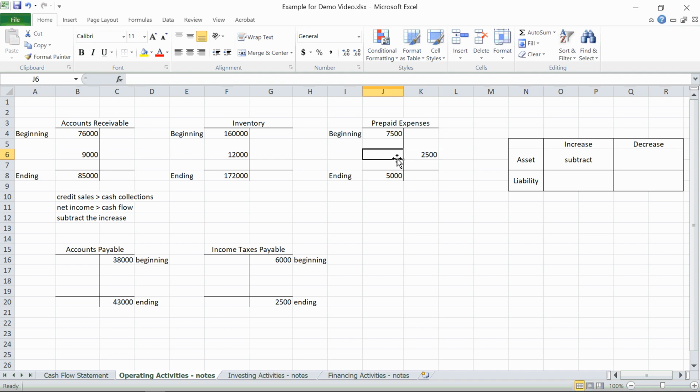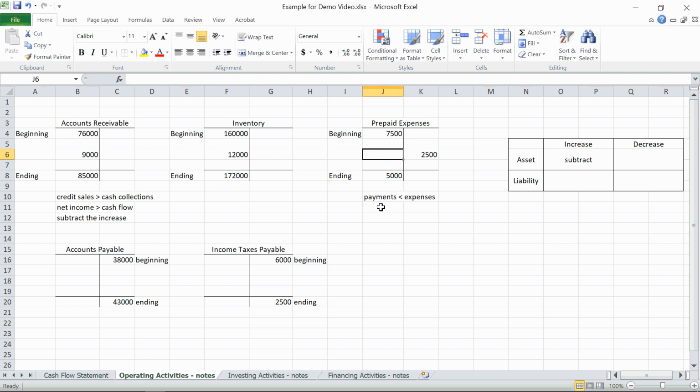So when prepaid expenses increase, it's when you actually make payments on them. And when prepaid expenses decrease, it's when you're using them up by expensing them. So in this case, your payments must be less than your expenses because you used up more prepaid expenses than you purchased during the year.